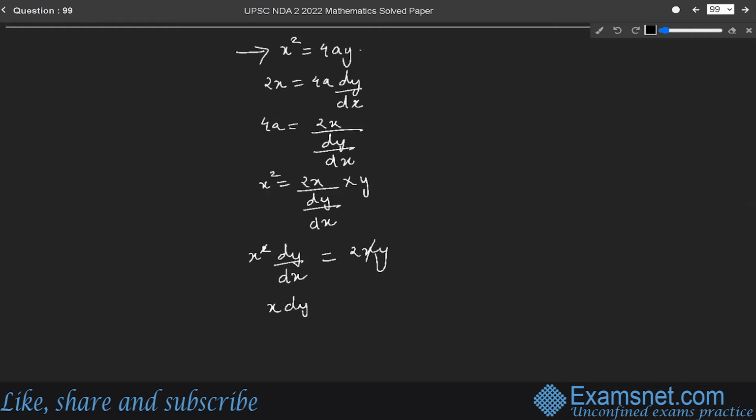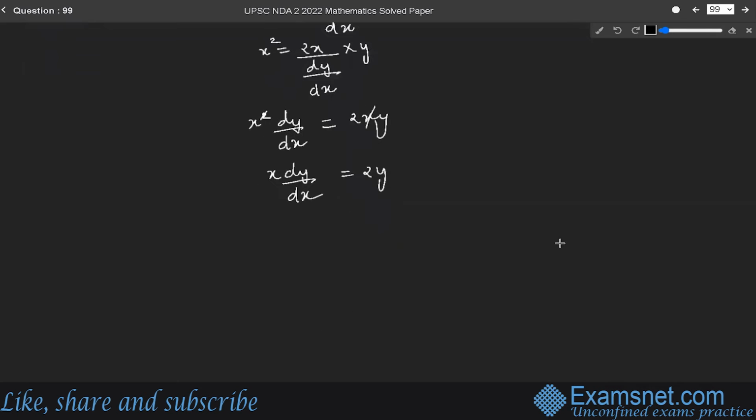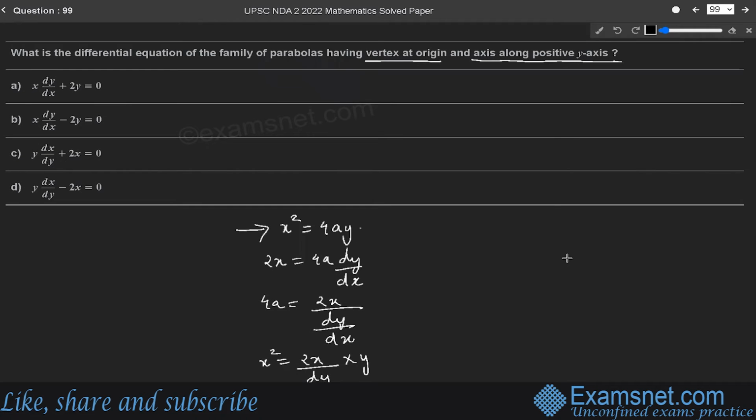So x dy by dx is equal to 2y. It can be further written as x dy by dx minus 2y is equal to 0. This is the required differential equation for the given family of parabolas. So we can say that the correct option here is option number B.